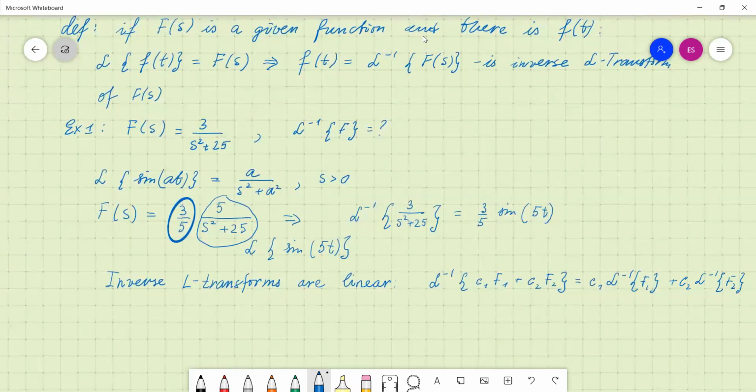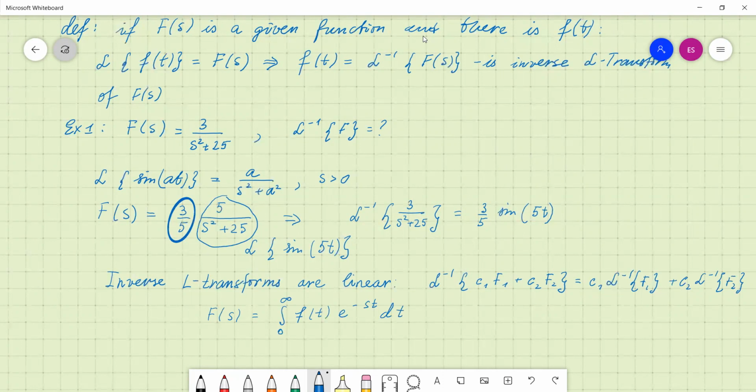Why does this happen? Because the original Laplace transform of a function, this F of s, remember how we define it: it's the integral from 0 to infinity of f of t e to the power of negative st dt. If you put a constant here, you can always take it outside.